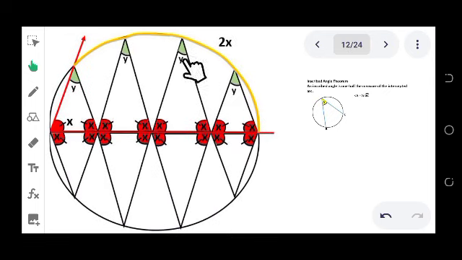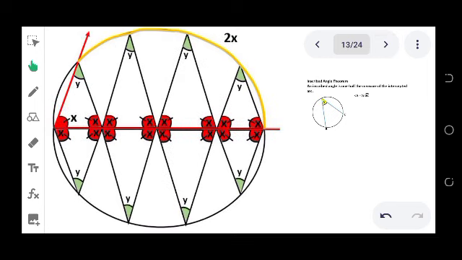That's why the rest of the remaining angles of the triangles in the upper semicircle will be y. And since all the triangles at the bottom are just mirrors of the ones on top, then the remaining angles of these triangles at the bottom will also be y.